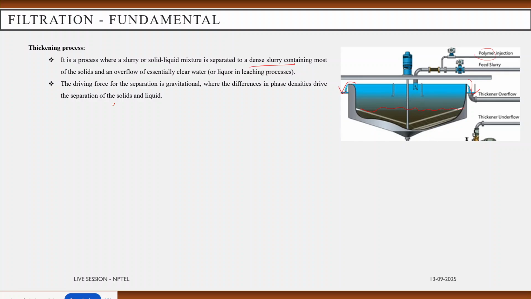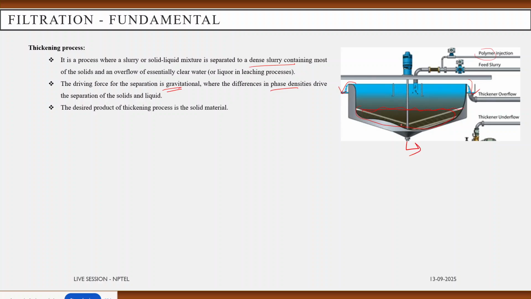Here the driving force for the separation is basically gravitational force, where the differences in the phase densities drive the separation of the solids and liquid. The desired product of the thickening process that we want to collect is the settled solid at the bottom of the thickener, and we will collect from here.